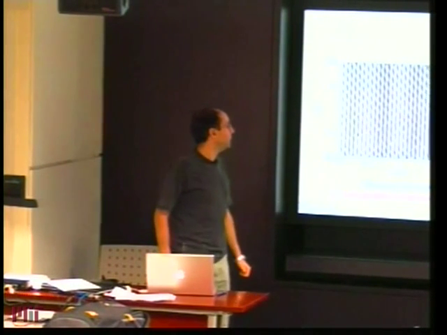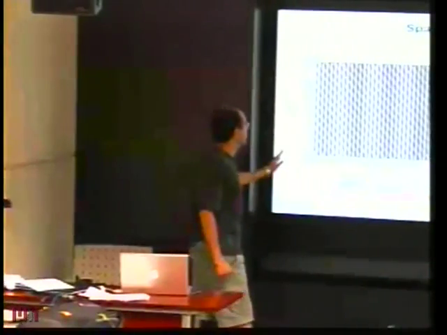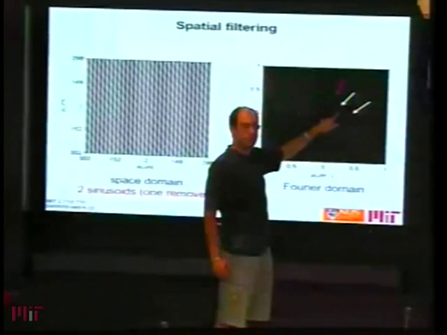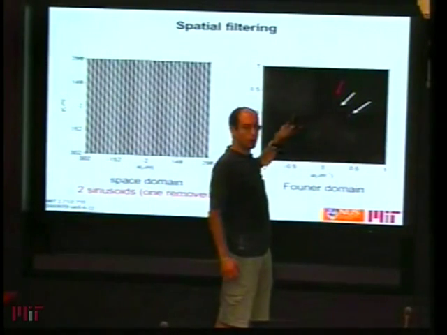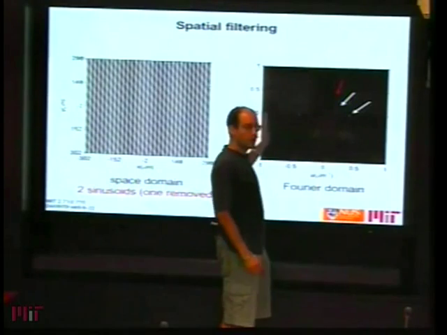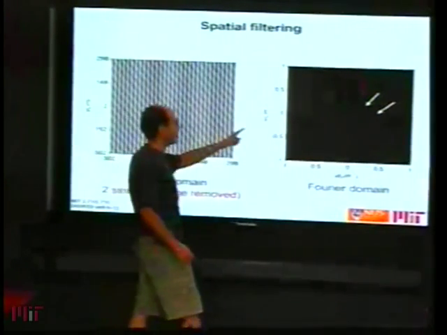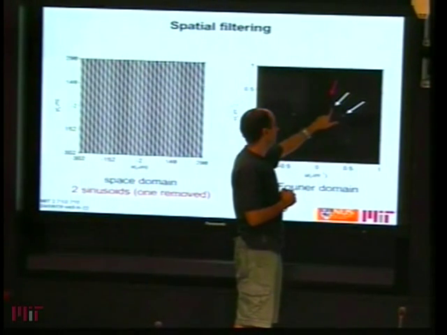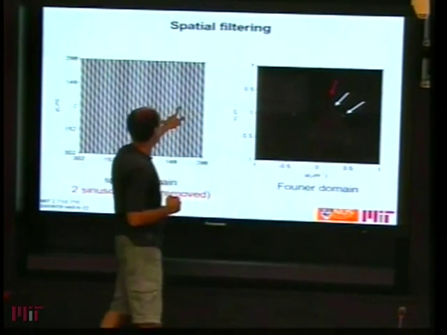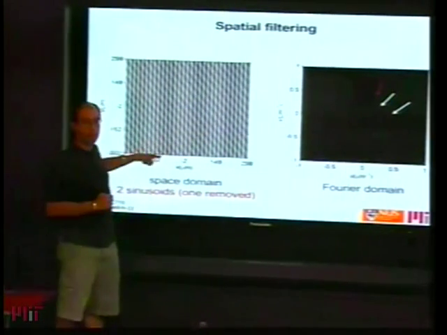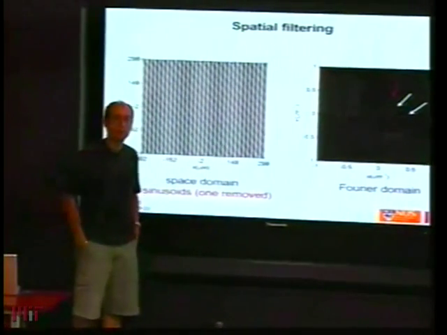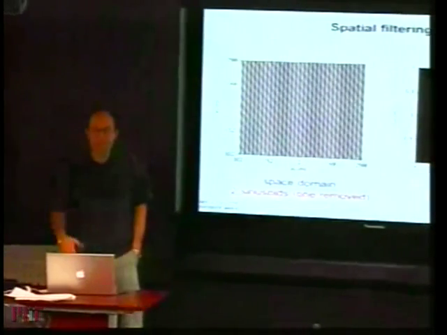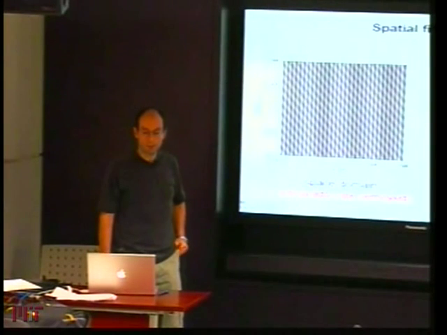Okay, so now it becomes kind of horizontal, and it is horizontal because the two dominant sinusoids are along the horizontal axis, so therefore your grooves are vertical because the two dots here are on the horizontal axis, but there's also a weaker sinusoid that gives rise to these weak diagonal fringes that you see over here. But basically you can see that one of the three spatial frequencies has vanished here. So this is the simplest case of spatial filtering.